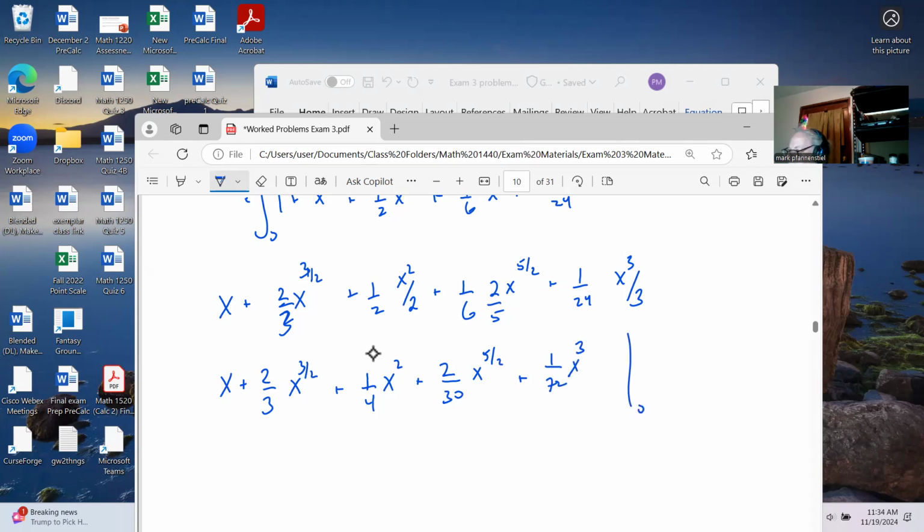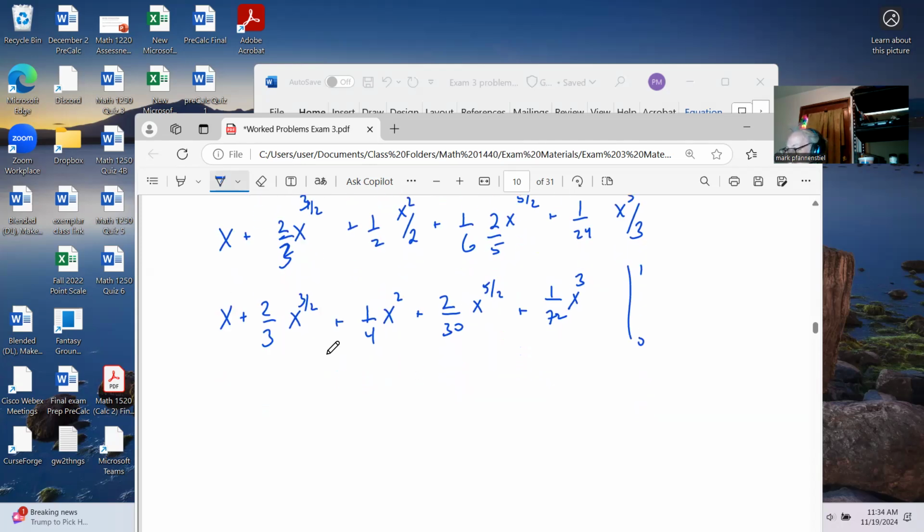And we're just going to evaluate this between 0 and 1. Conveniently, when x equals 0, all of this is 0, so we don't have to worry about that. We just plug in a 1. So we're going to approximate this area as 1 plus 2/3 times 1, plus 1/4 times 1, plus 1/15, that would be 2/30ths, plus 1 over 72.